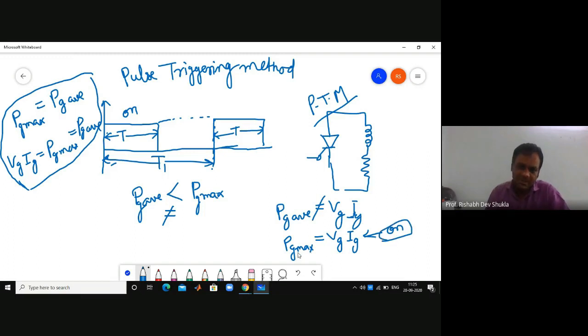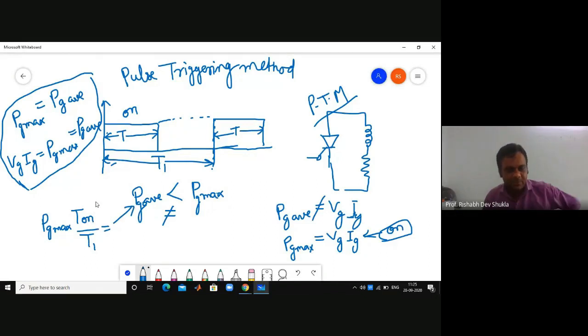And how are we going to calculate P average in this case? P average is going to be calculated as PG max for how long? How much duration is it? It is for T on duration out of the total time period T1. This is your PG average.